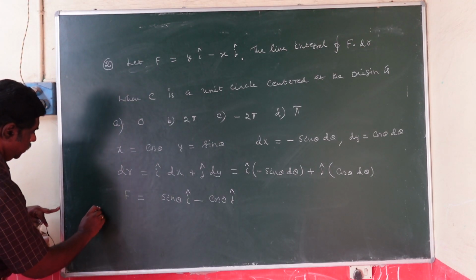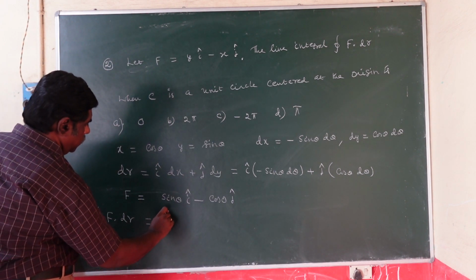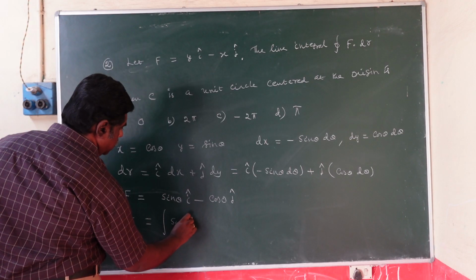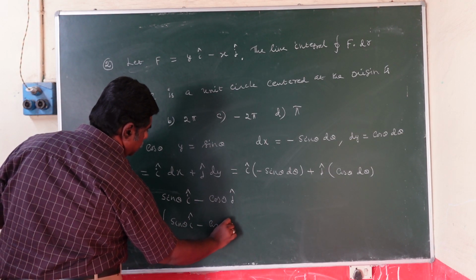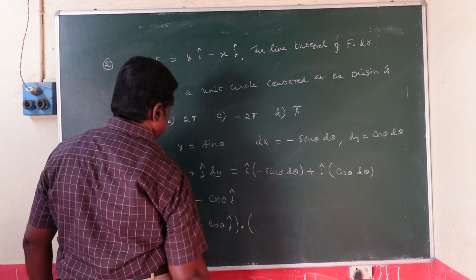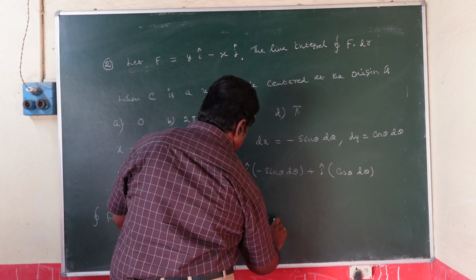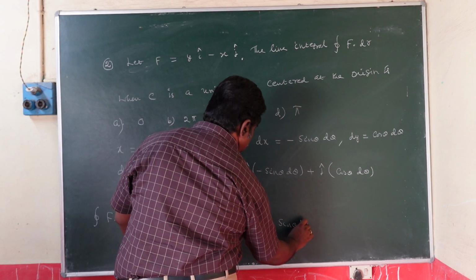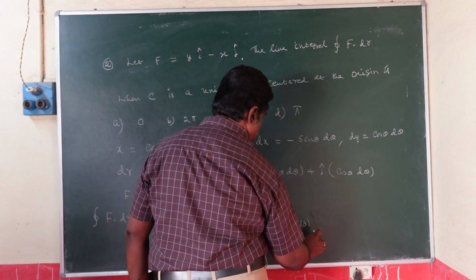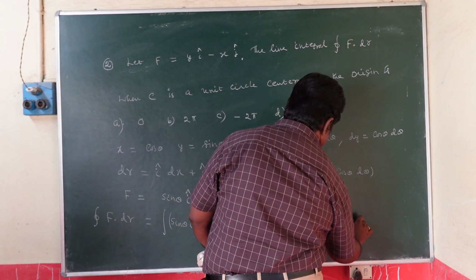Now we have to find out integral f dot dr, which is equal to integral of sin theta i minus cos theta j dot, then the value of dr, i into minus sin theta d theta plus j into cos theta d theta.